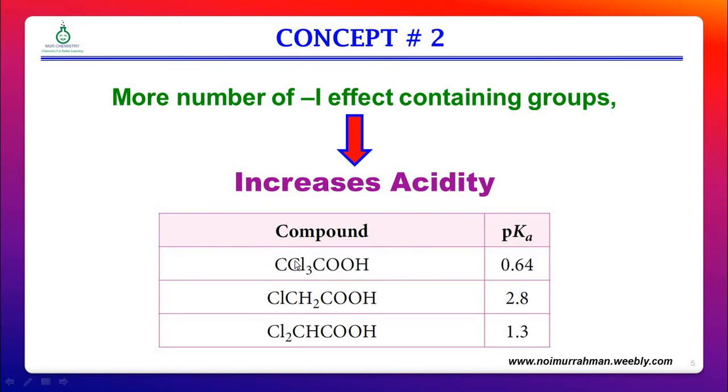Obviously, trichloroacetic acid with a lower pKa value will be more acidic as compared to monochloroacetic acid. It is due to the presence of 3 -I exerting groups in trichloroacetic acid.